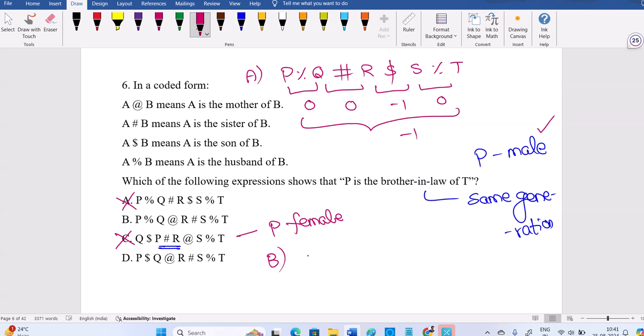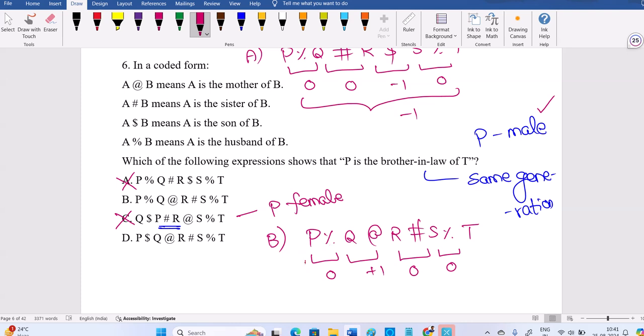Now among B and D, again I'll check. Instead of drawing the diagram, we're checking only with this. That too I need from P to T. So P percentage Q, 0. At the rate means mother, next above generation. Hash is sister, same generation. Percentage 0. See again here, P is above generation to T. Overall I got +1. I have a problem with option B also.